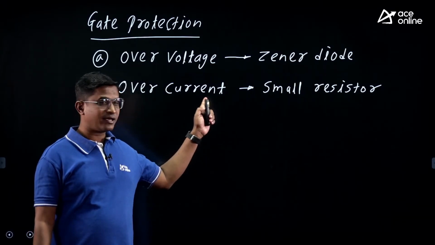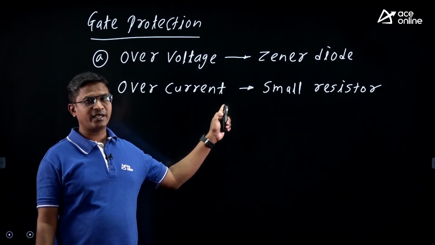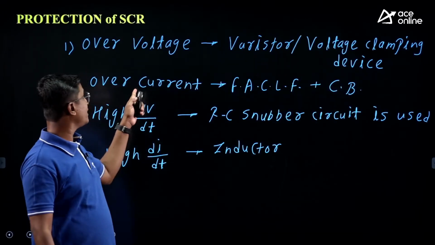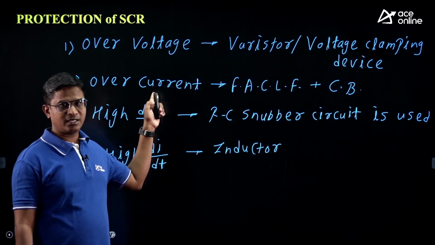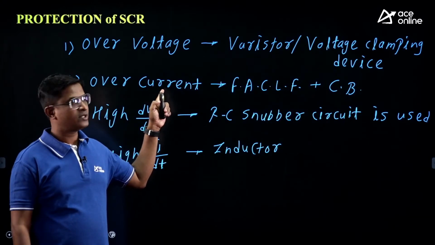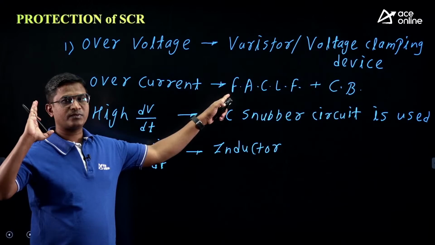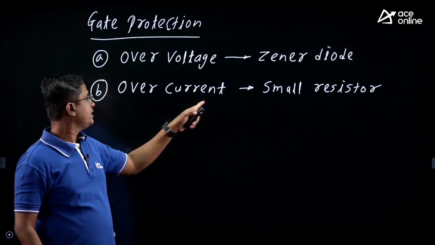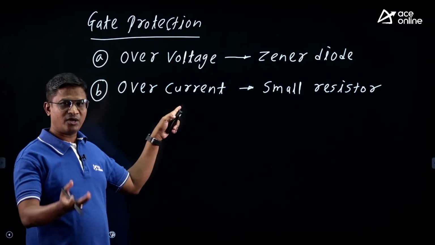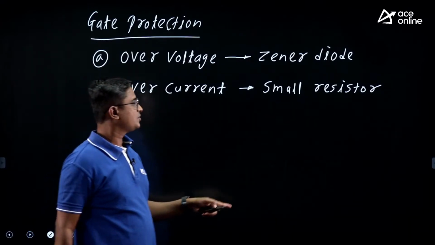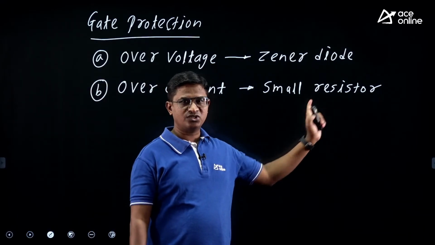The over current value in a gate cathode circuit and in an anode cathode circuit have a very huge difference. In anode cathode your over current can be in kiloampere, so that's why we require a fuse. In this case, over current is comparatively very small, so a resistor can do the job.